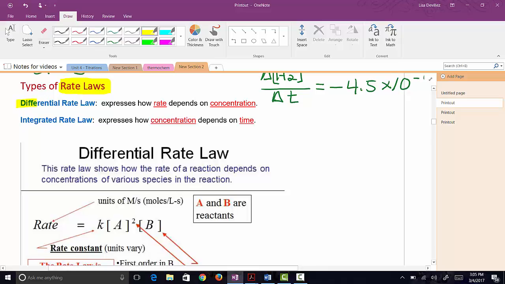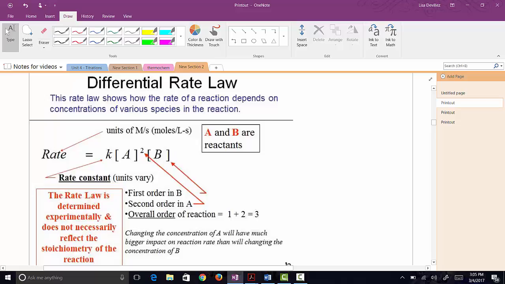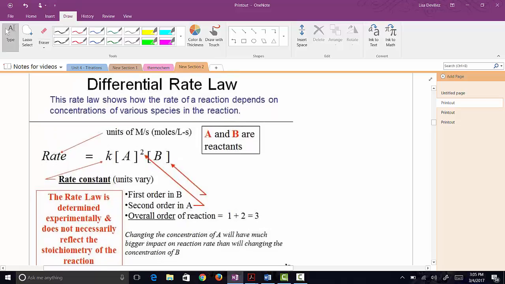And that is called a differential rate law. And we're going to talk about those first. Then we have something called an integrated rate law. And with the integrated rate law, the difference is that there we're going to look at how the change in concentration relates to the change in time. So we're going to enter time as a factor. So let's look at our differential rate law. We're going to start with that.